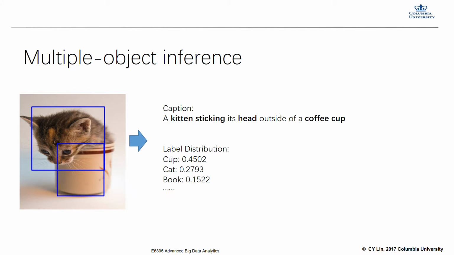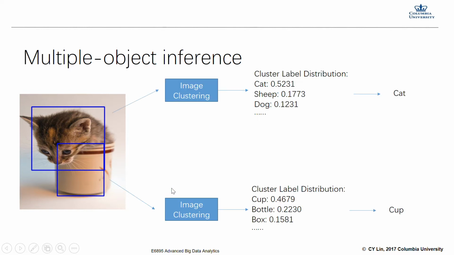So here's another example. The caption is a kitty sticking its head outside a coffee cup, and the label distribution is below that, like the cup, the cat, the book.